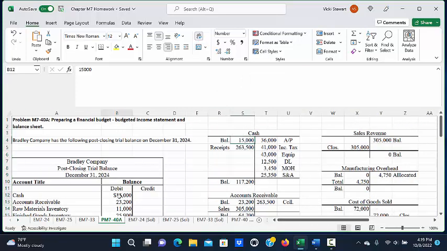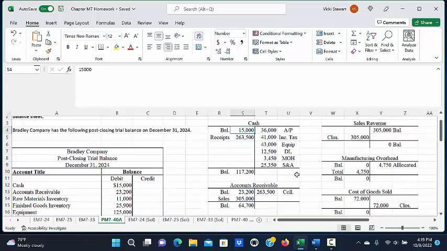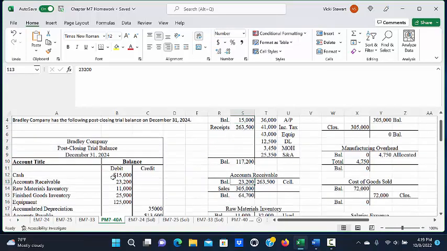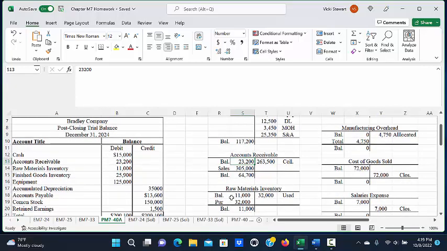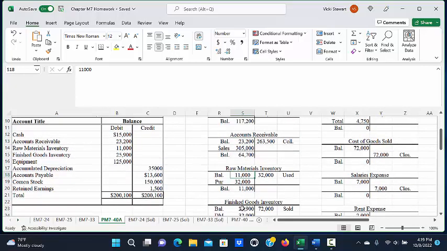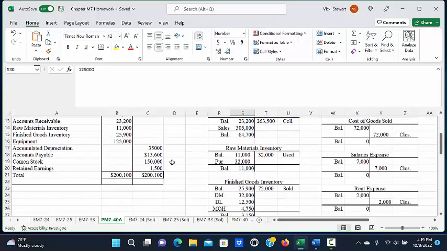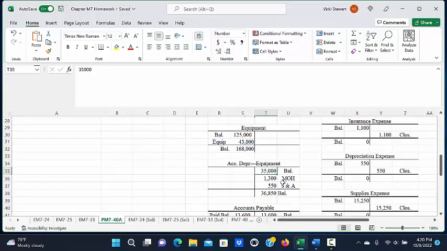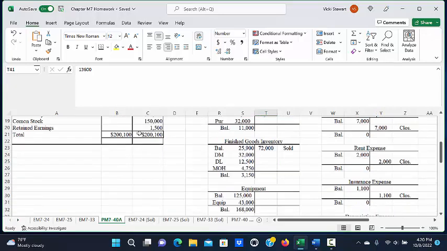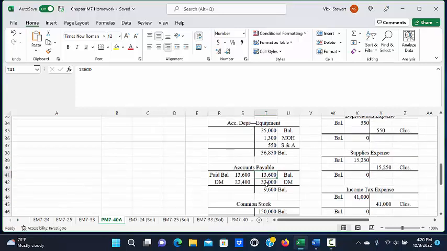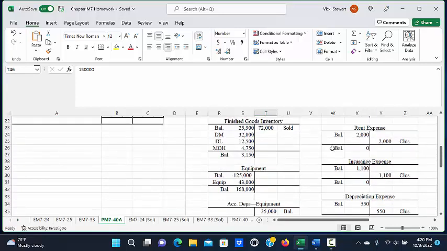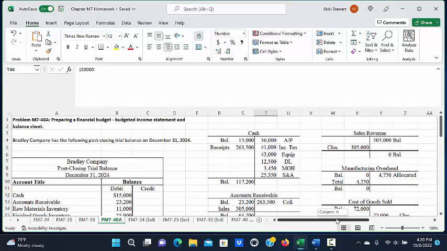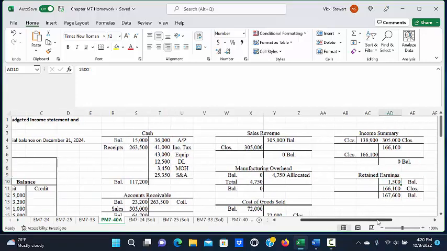So for instance, cash had a beginning balance of $15,000, accounts receivable balance was $23,200, raw materials was $11,000, finished goods inventory was $25,900, equipment was $125,000, accumulated depreciation was $35,000, accounts payable $13,600, and common stock was $150,000. And then over here I have the beginning balance of $1,500 in retained earnings.